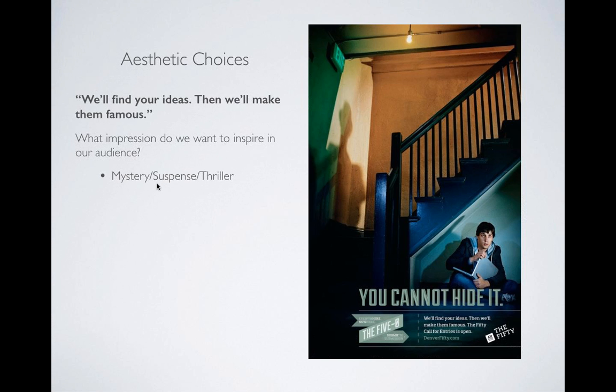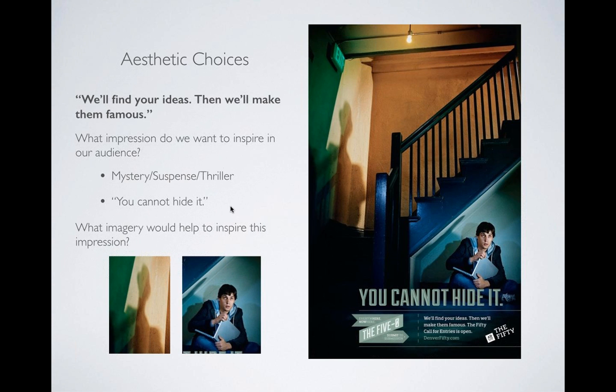And instead of taking a more direct approach at tackling that idea of making your ideas famous, they've taken more of a suspense thriller style design. And so once they decided on that impression that they wanted to create, then they can go about selecting the verbal and visual components that support that.